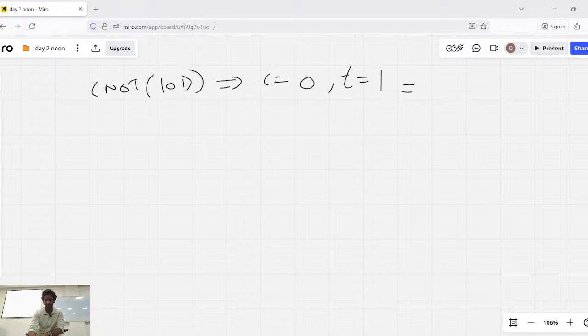So the output should be the same thing, no change. Why? Because as the control is 0, there won't be any change with respect to my target. So the output will be the same thing, 0 and 1. Let's try to verify this in a matrix format.